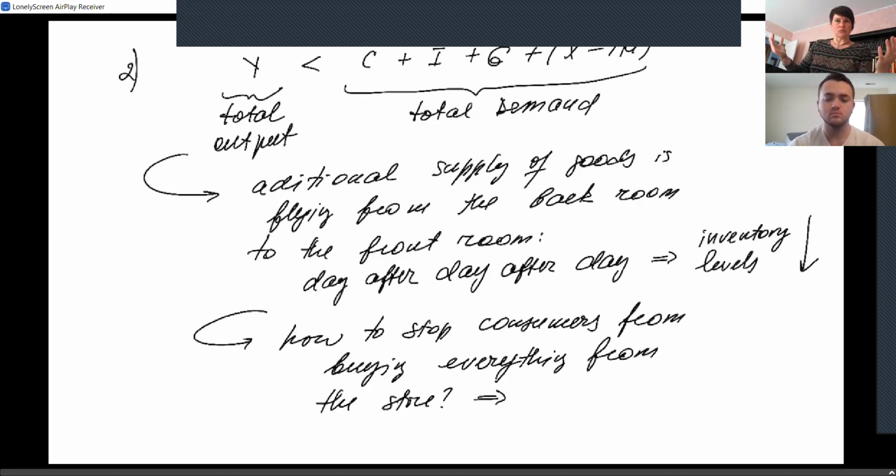What can we do? How can we make consumers stop buying everything? What do you think? A little bit louder. Raise the prices. Raise the price. Very good. Make it unattractive. Make it unappealing. The price must go up.